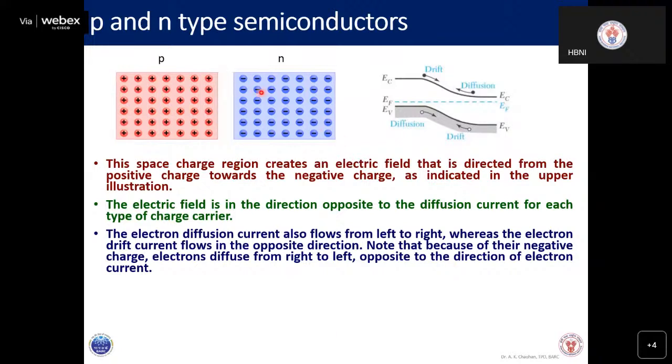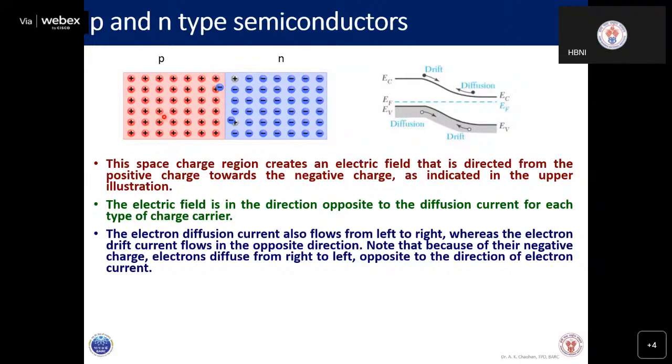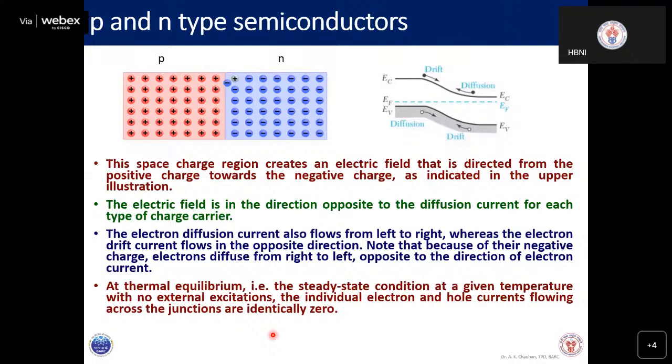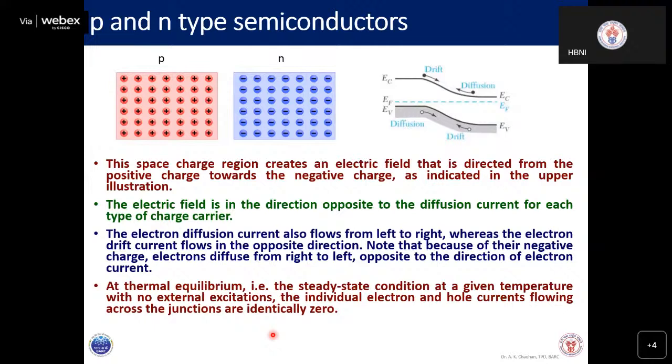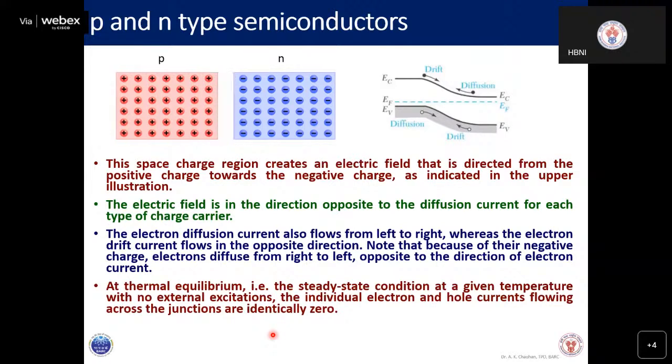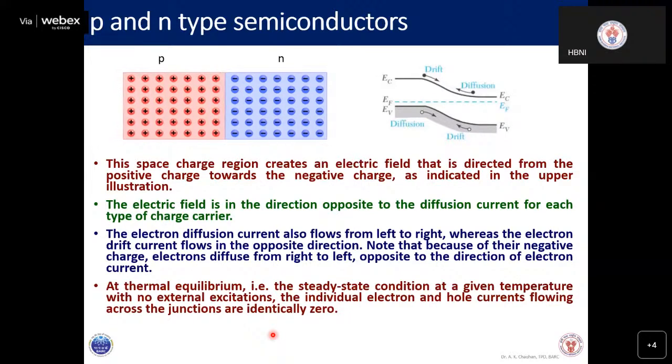So it is not like all the electrons will go and combine here. After a certain time, an equilibrium will be established. So at thermal equilibrium, that is at steady state conditions, at a given temperature, with no external excitation, the individual electron and hole currents flowing across the junction are identically zero.